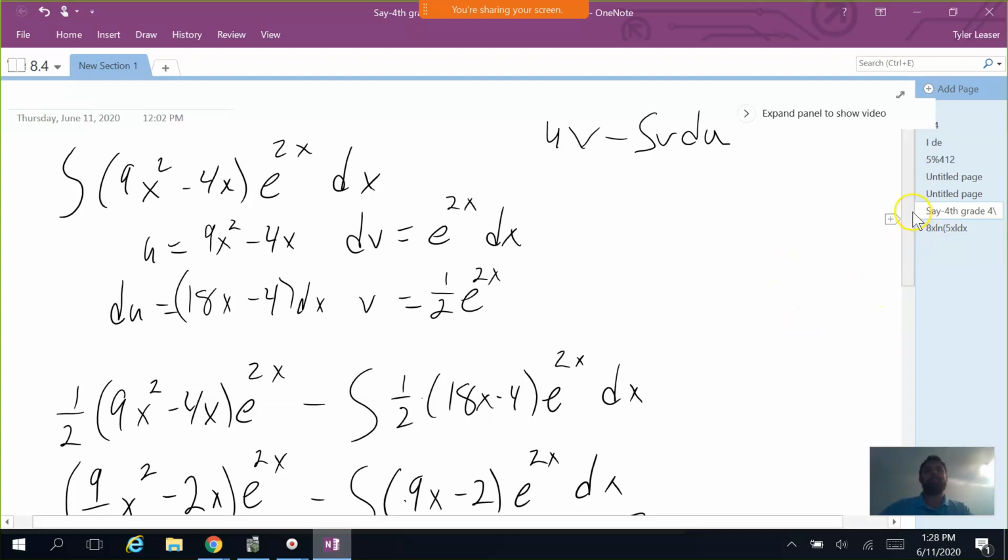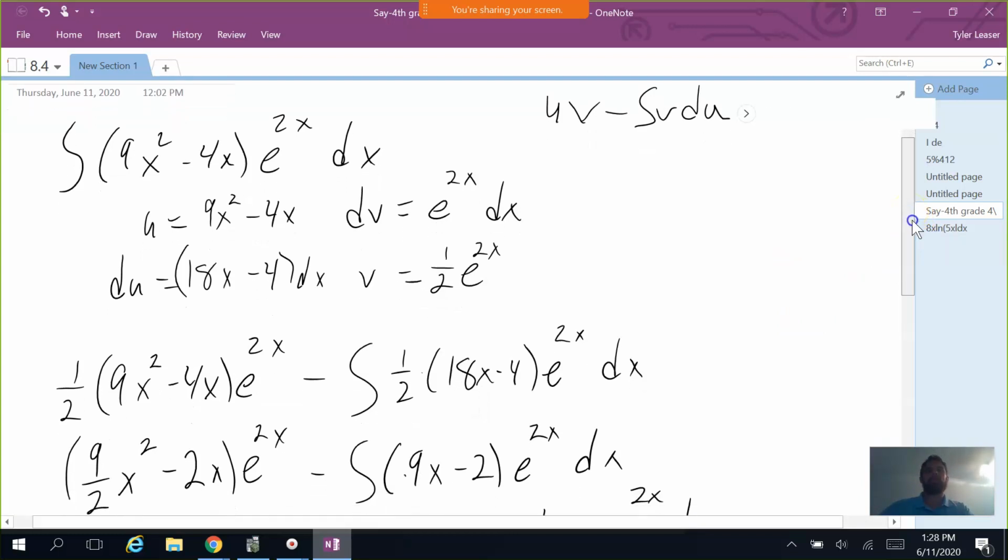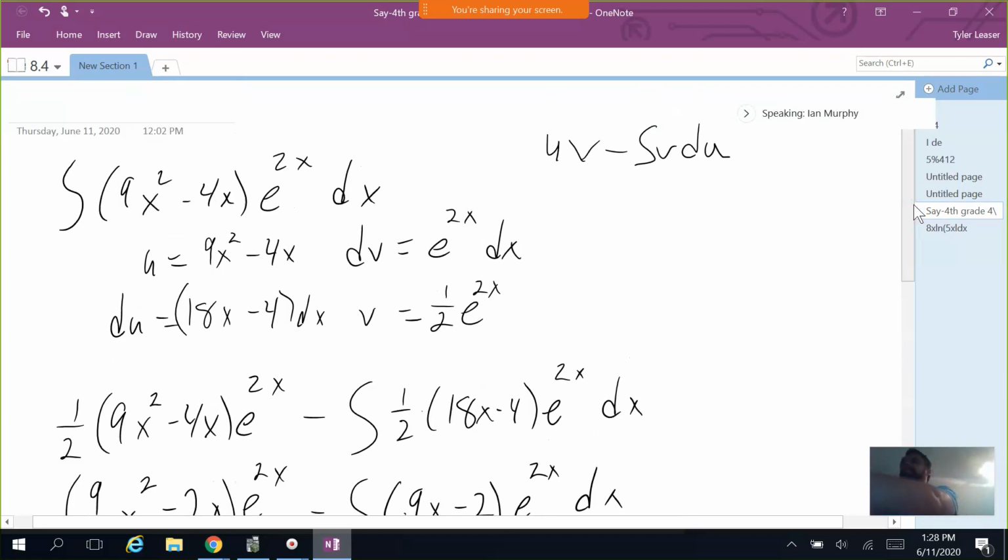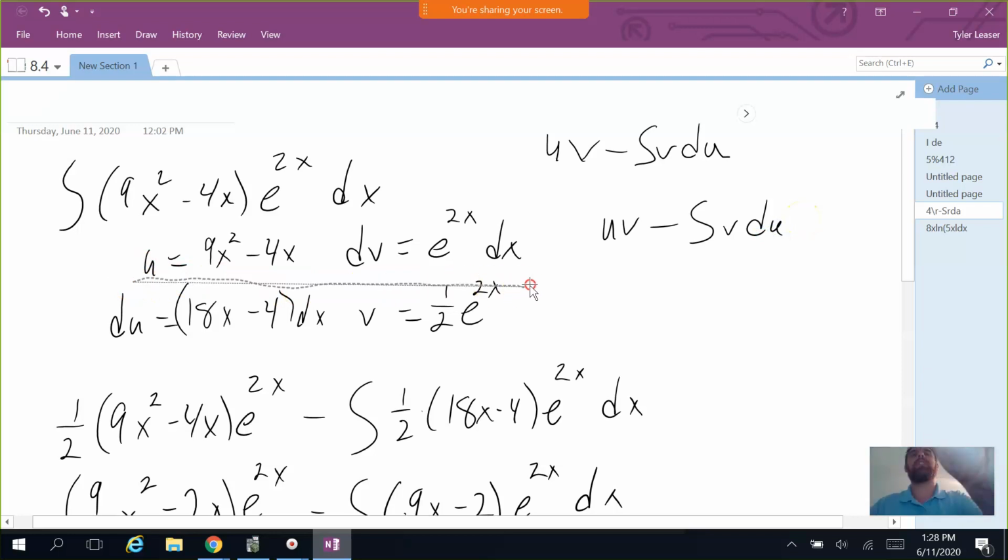I have a question. Sure. I keep forgetting, what is the base formula for the integration by parts again? It's this formula up top here, uv minus integral v du. Okay. That's the formula. So the first thing that you do is you find your u and your dv.